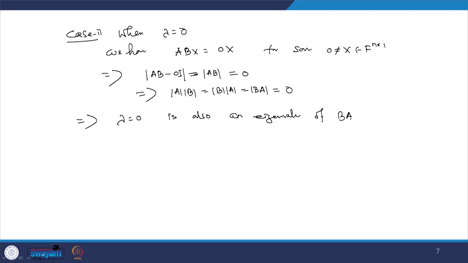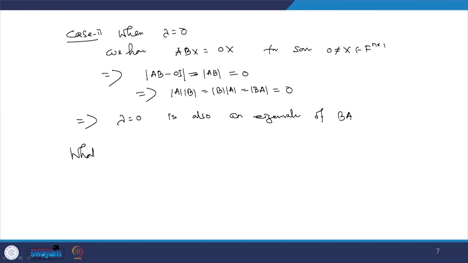So, we have seen that if lambda is an eigenvalue of the matrix AB or operator TU, then it is also an eigenvalue of UT or BA.